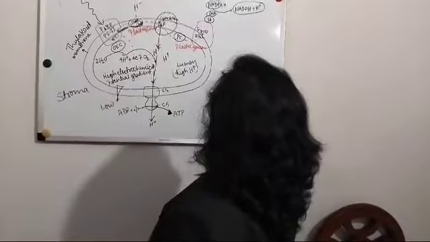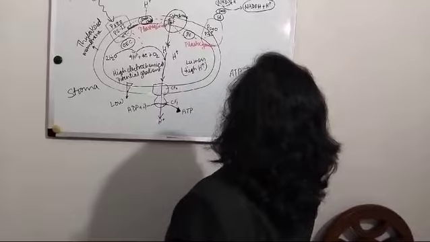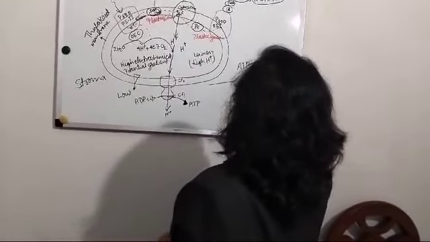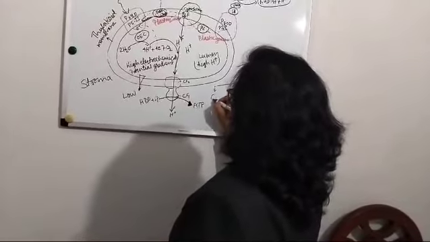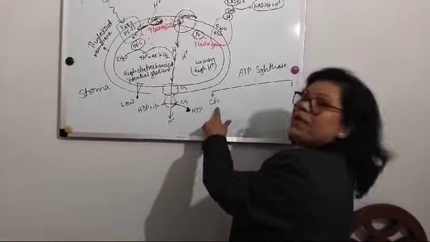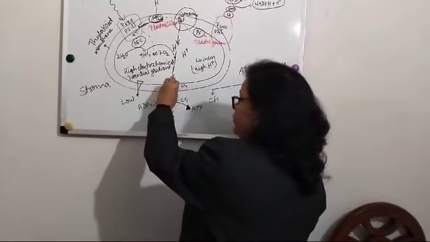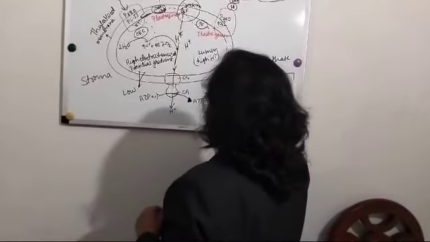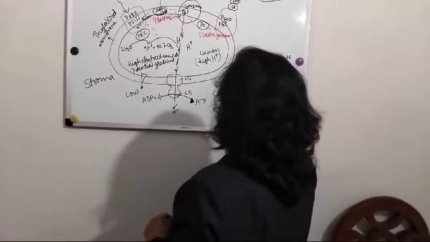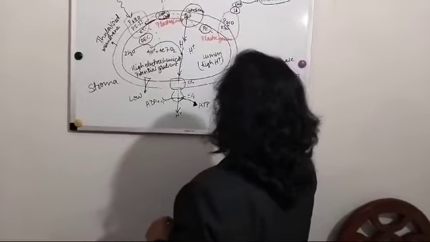This CF0 F1 particle is also called the ATP synthase complex. It has two parts. Number one is called the CF naught part. This is also called the transmembrane channel because this part is embedded in the membrane. So it causes facilitated diffusion.